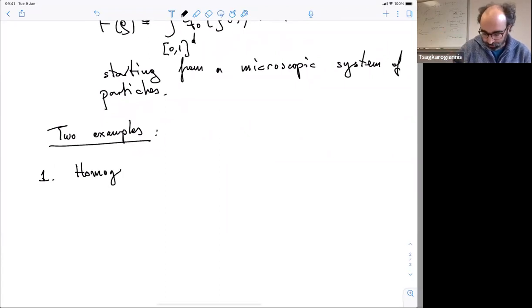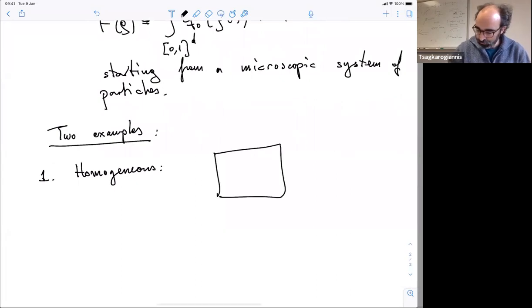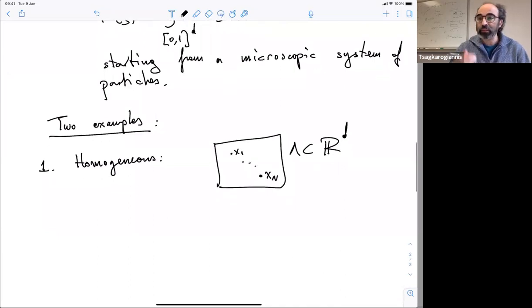So homogeneous is what? I have a box Lambda in R^d, and let's say I have particles at positions x1, ..., xn, and these interact with each other, and they have some energy which depends on the configuration x.